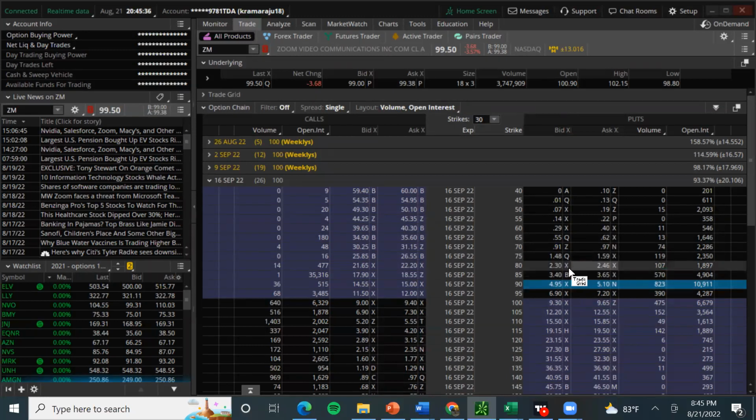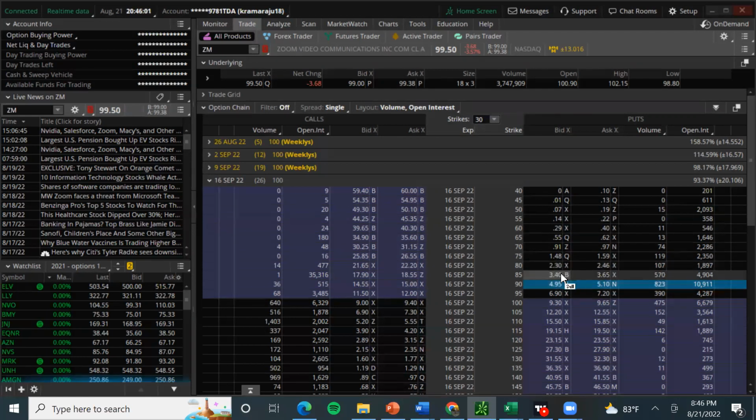So your profits might get a little reduced, but still you are making good profits even if it goes below 80, because these premiums will increase more and more. You already got a 90 put, you are selling an 80 put, so this also will increase, this also will increase. But if it is staying between 90 and 80, then you have double the profit. So you are making money in both ways.